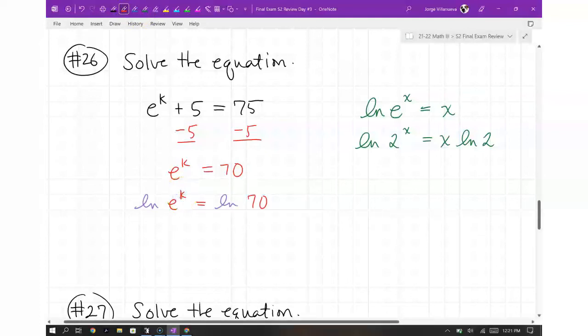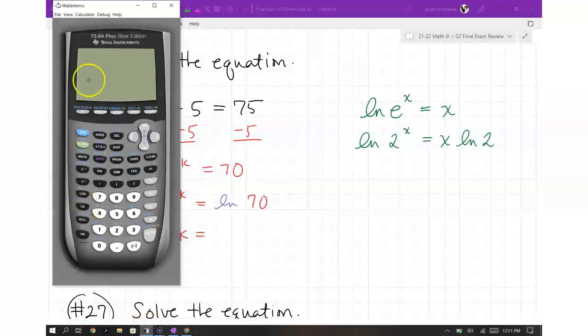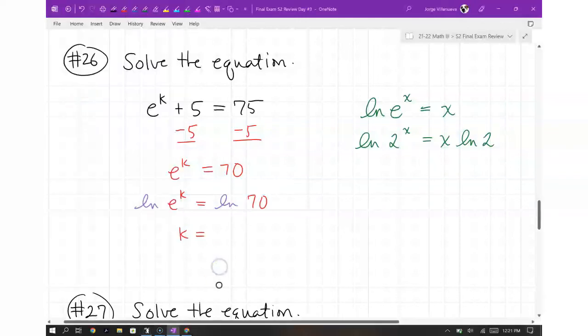The k, right? And on the right side, well, I got to use my calculator. So let's see. Let me turn this on. So we're just going to do ln of 70. So that's a 4.25. 4.25, and I'm done.